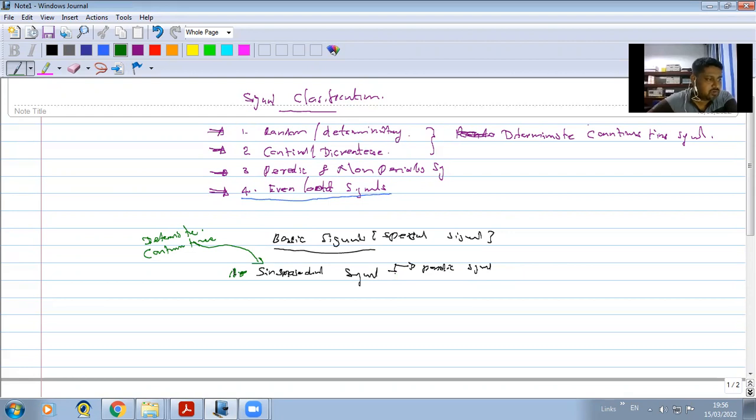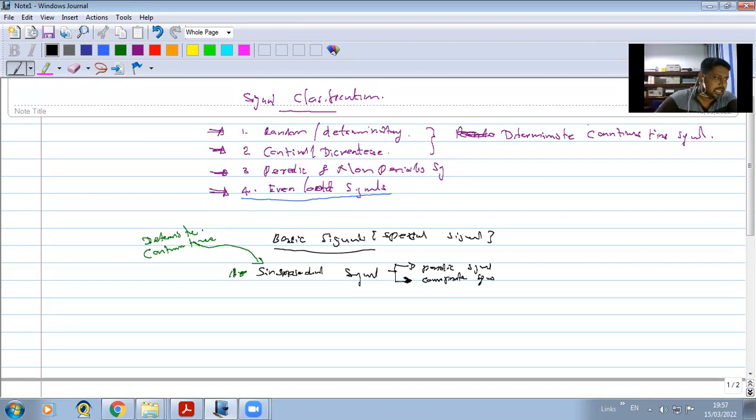And if we have a composite signal, that is a combination of sinusoidal signals, in that case also we have learned how to find the period, for a composite signal also.